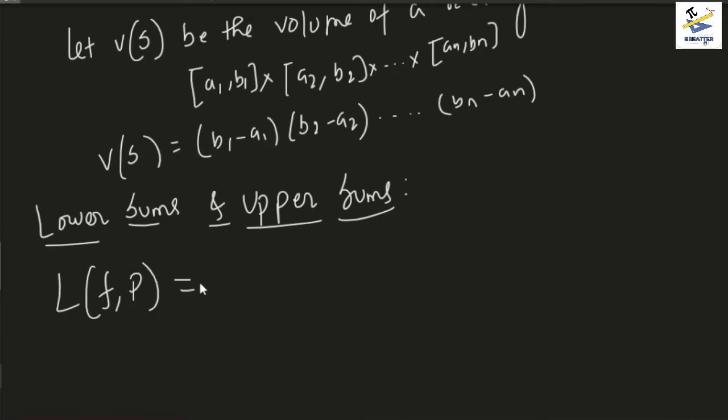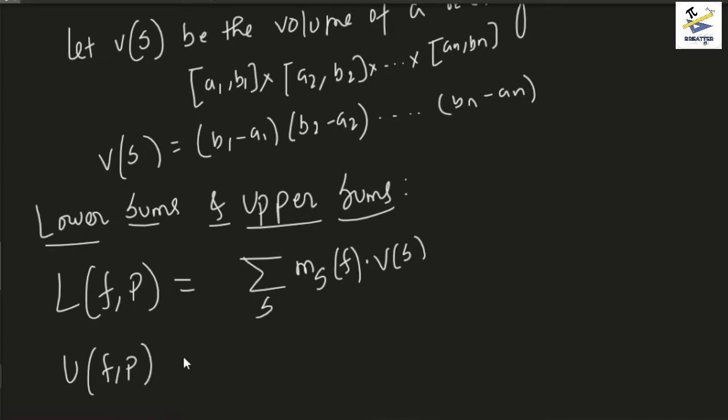L of f corresponding to the partition P is basically the summation over all such subrectangles S of m_S of f multiplied by the volume of S. And similarly the upper sum is the summation over S of capital M_S of f multiplied by V of S, right?